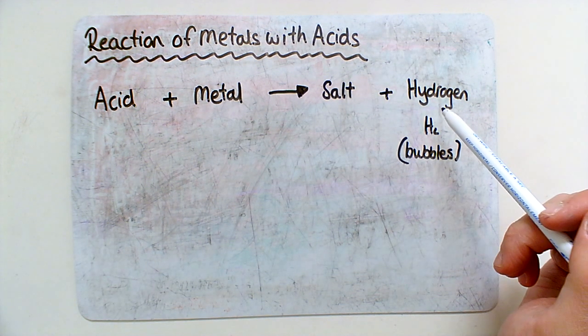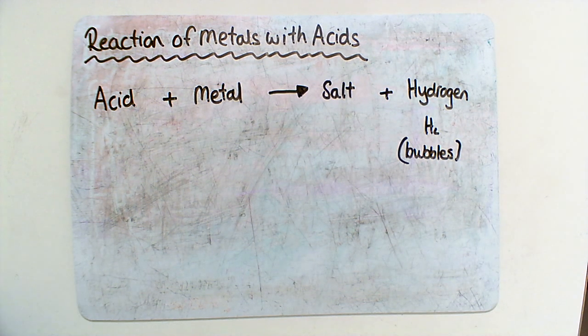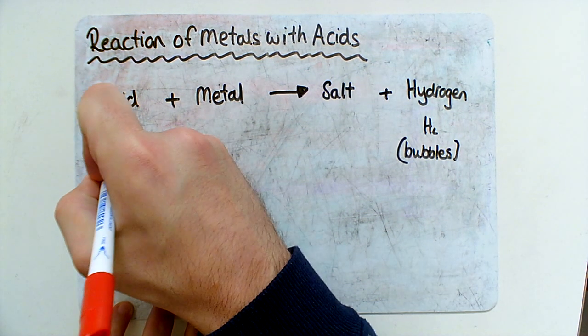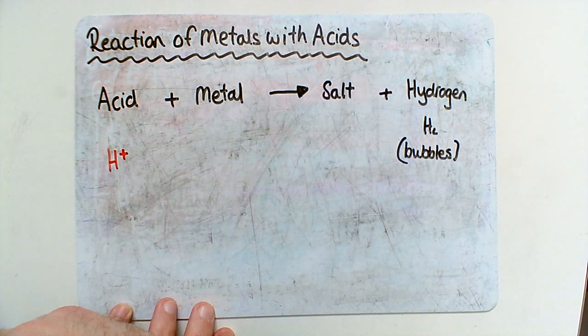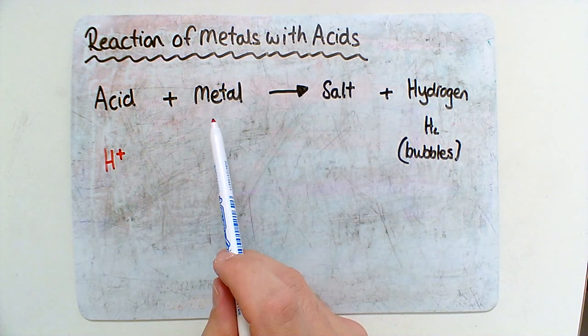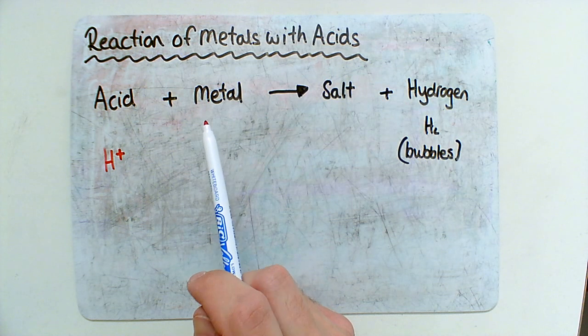Now, why do we get hydrogen and not water? Well, that's to do with the ions that are present in solution. The acid, as usual, provides us with H+ ions, hydrogen ions. The metal, well, metals don't give us ions whenever they are elements.